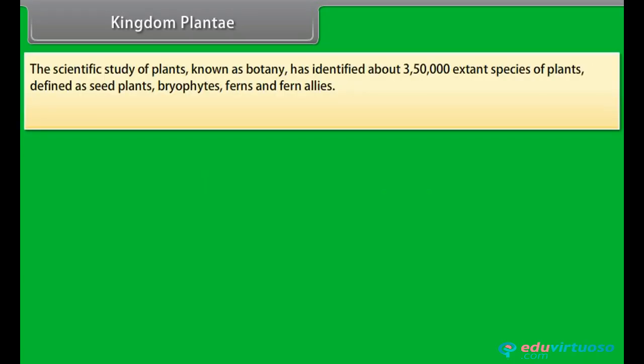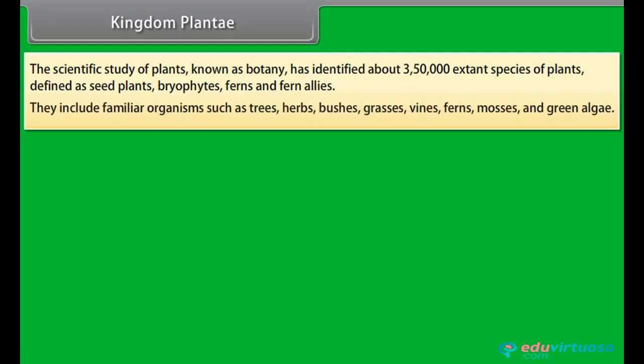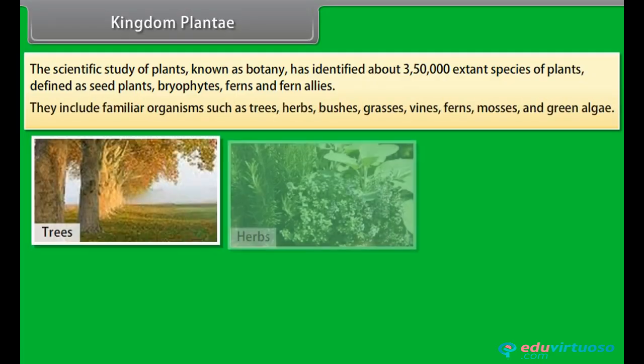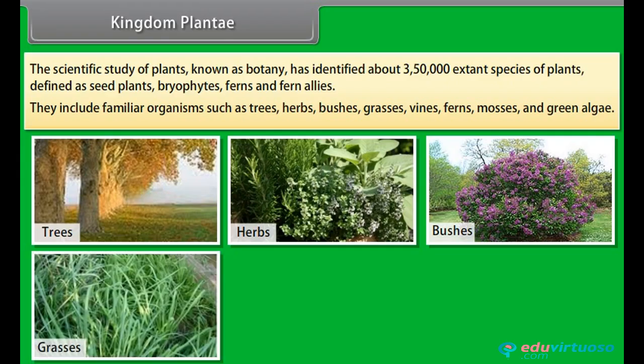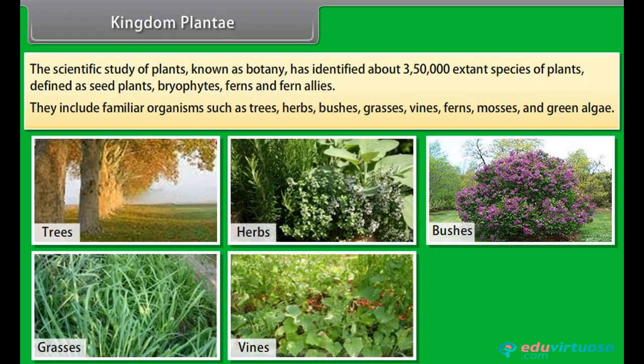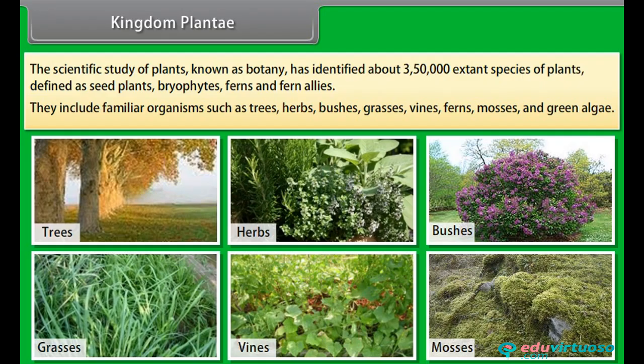The scientific study of plants, known as botany, has identified about 350,000 extant species of plants, defined as seed plants, bryophytes, ferns and fern allies. They include familiar organisms such as trees, herbs, bushes, grasses, vines, ferns, mosses and green algae.